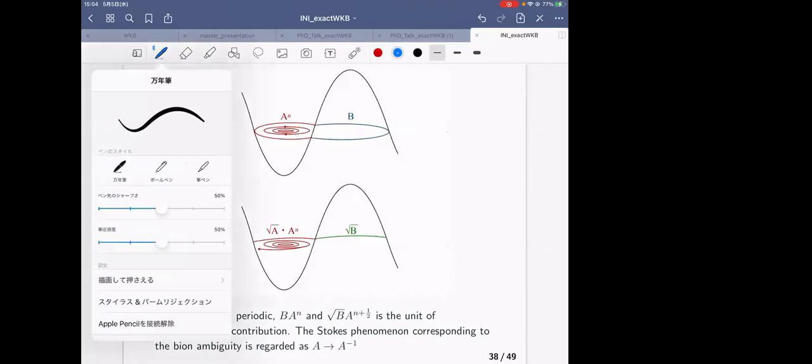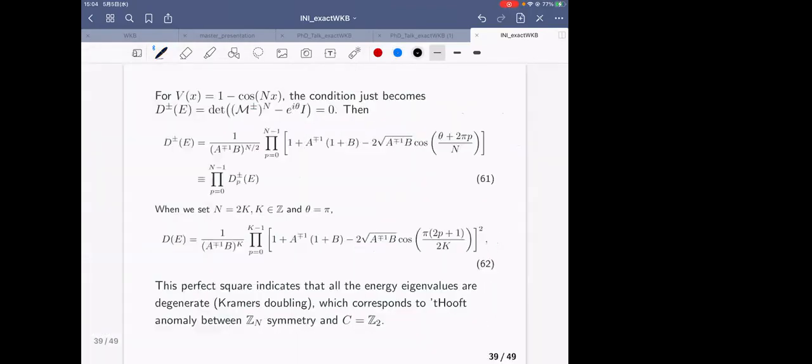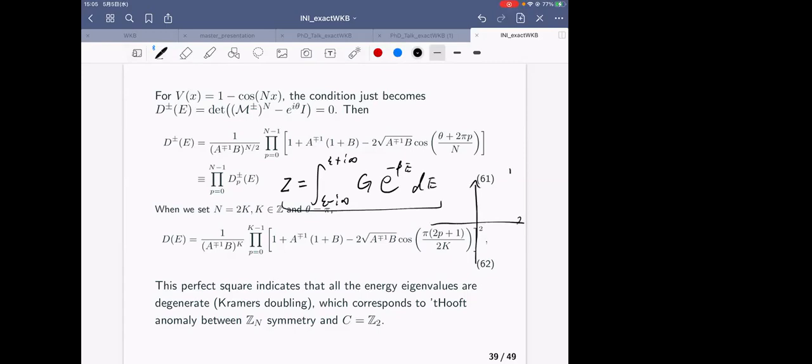I'm not sure this is an answer to your question, but to calculate the partition function, we have to calculate a Bromwich integral like this, or inverse Laplace transform. This integral often becomes like this.